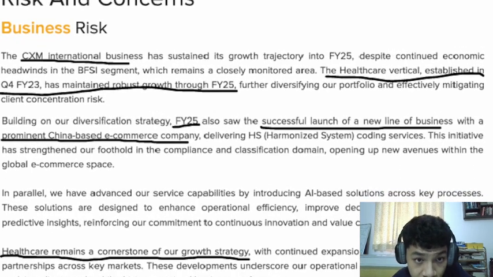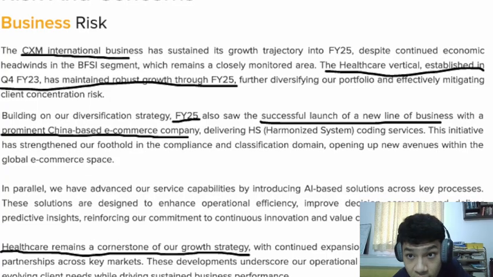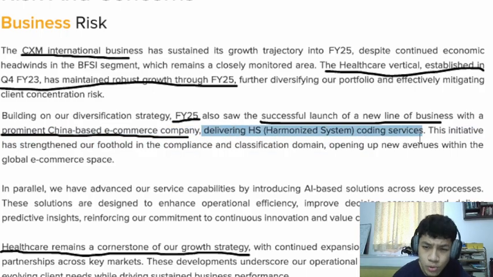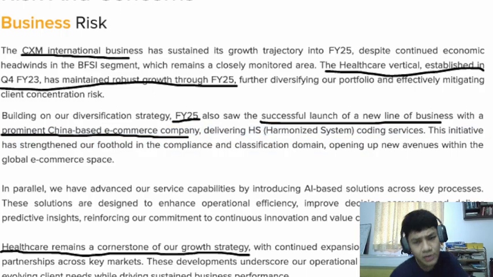Then in fiscal year 2025, they saw the successful launch of a new line of business with a prominent China-based e-commerce company delivering harmonized system coding services. I don't know what harmonized system coding services means, but in fiscal 2025, it seems they entered the PSU government sector in India, Philippines, and had a successful launch of a new line of business.